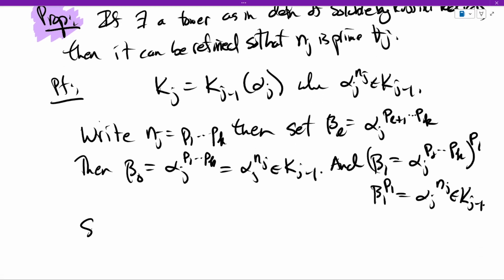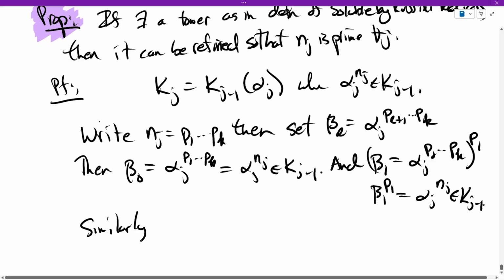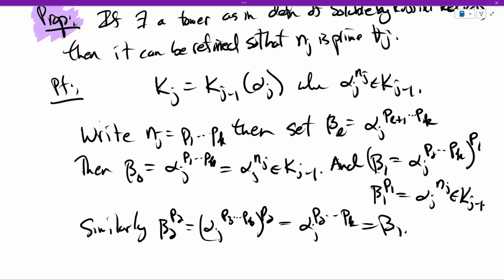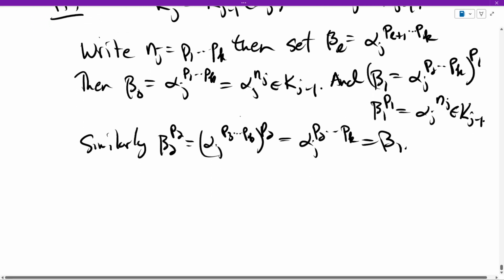And similarly, beta 2 to the p2 is going to be alpha j to the p3 through pk, to the p2 power, because that's what beta 2 is. So that's just the product of all the primes except for the first one. That's beta 1. Okay, so what we do then is we refine it.